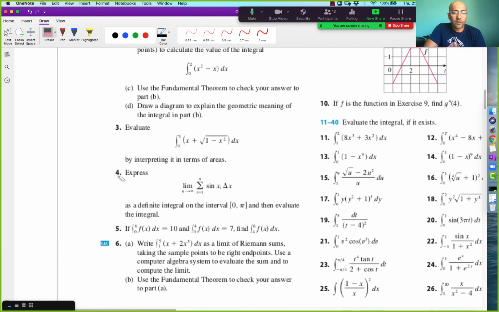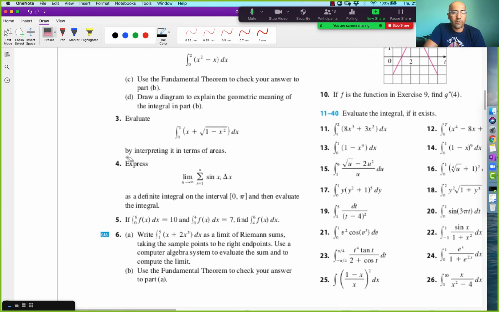Okay, moving on then. Number 3, evaluate this by interpreting in terms of areas. Oh, I love these kinds of questions. Okay, so how can we interpret this in terms of an area? So the function y equals x is a straight line that goes through the origin. And so the integral from 0 to 1 of that function should be a triangle. Good.